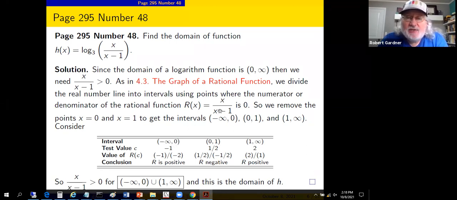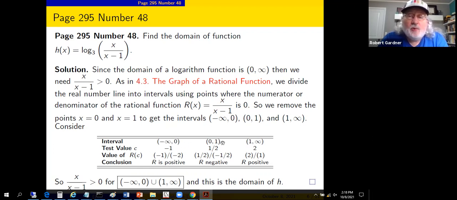We're going to plug that into this r of x function, called the test value c. We're computing r of c. So we'll have negative 1 over negative 1 minus 1. That's negative 1 over negative 2. It's positive 1/2. The 1/2 part doesn't so much matter. It's the positive part. If it's positive at that value, it's positive throughout this interval.